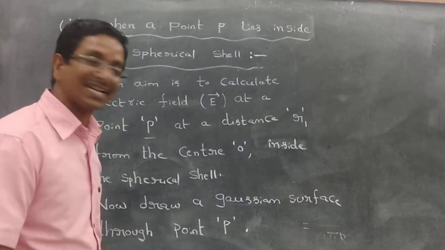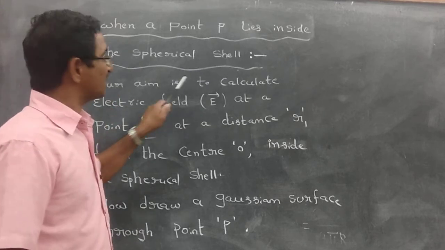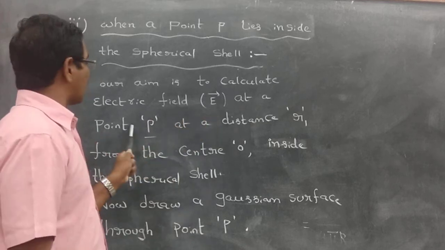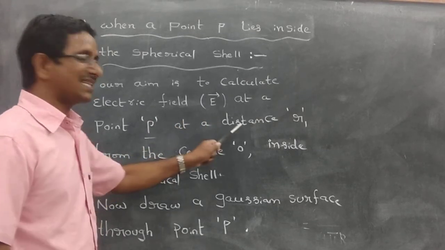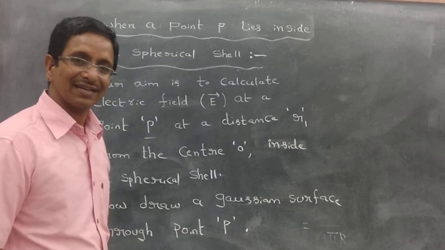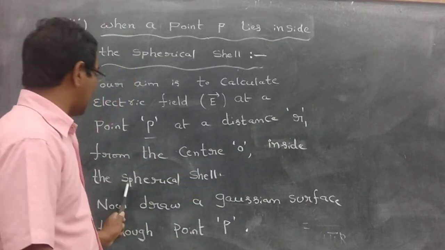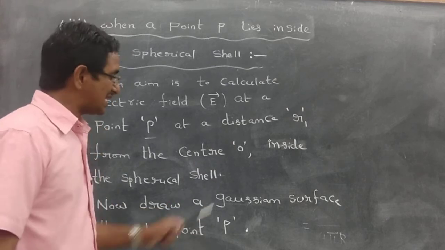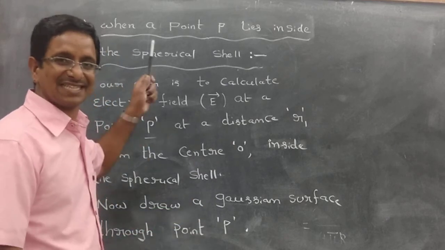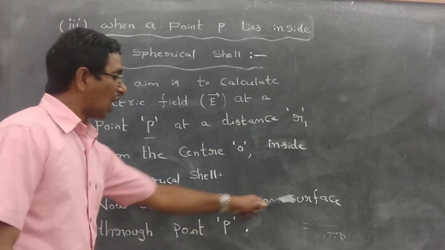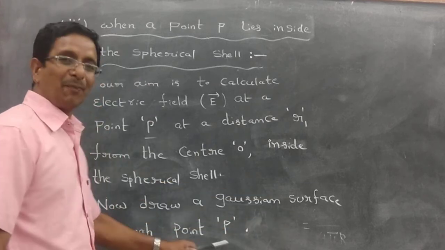Our aim is to calculate electric field E at a point P at a distance R1 from the center O inside the spherical shell. This is point number 1, case number 3. Now what is the second point? Now draw a Gaussian surface through a point P.